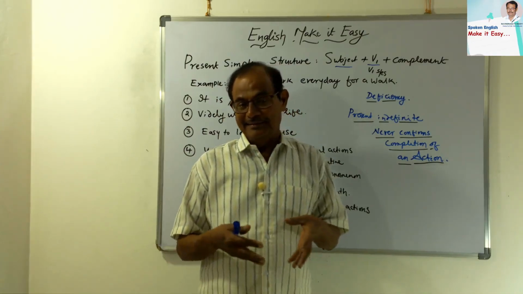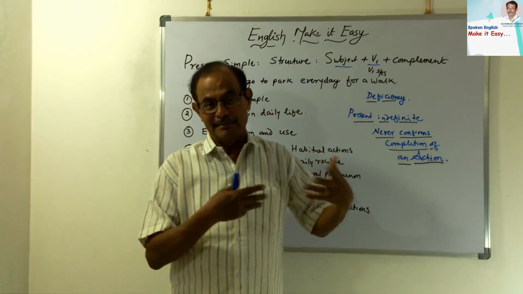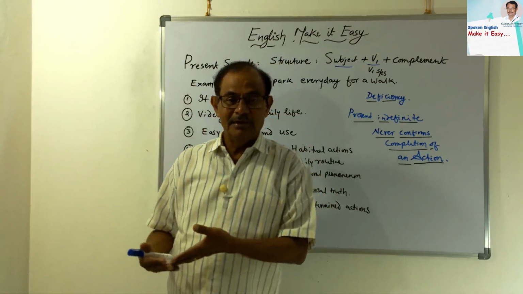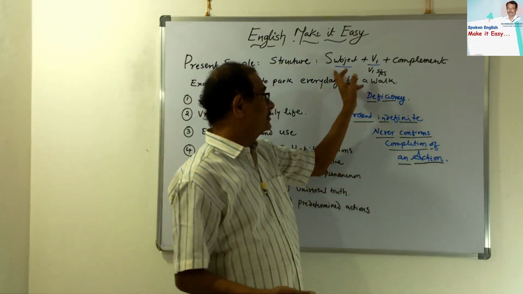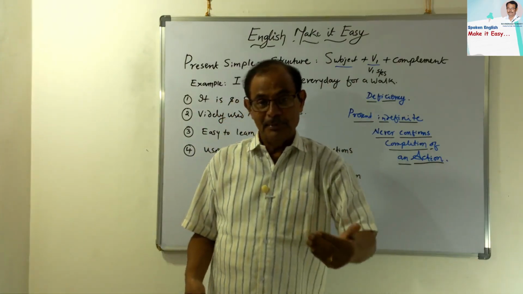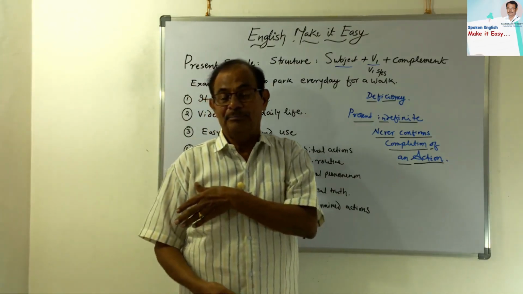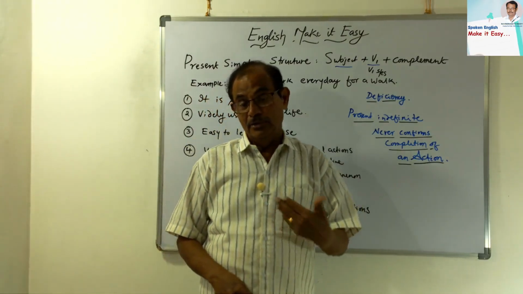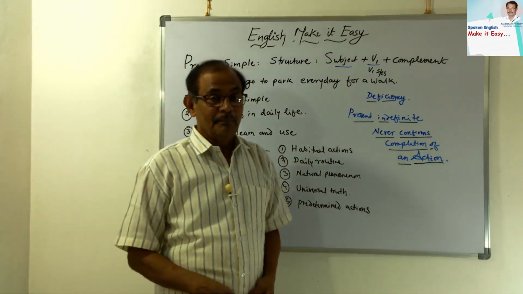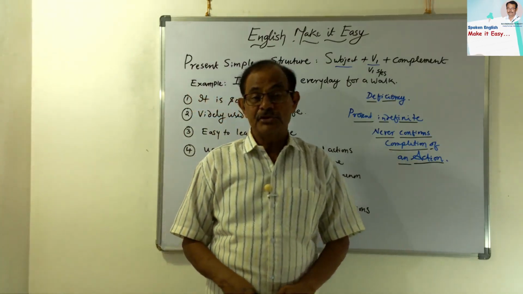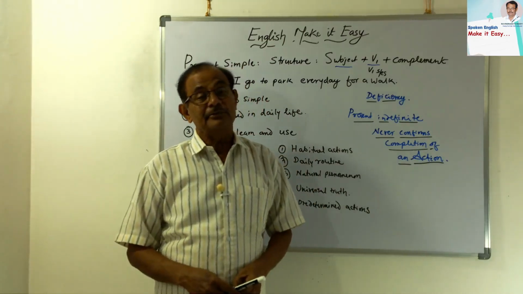Uncle is the subject, arrives is the V1, and I am clubbing these two: subject plus V1. This is simple present, but I am using it with a future time clause, day after tomorrow. My sister goes to US next week.